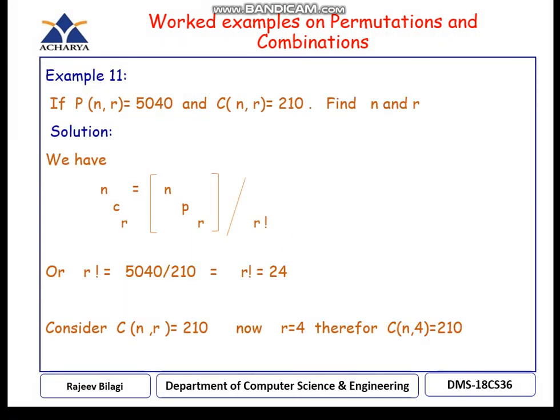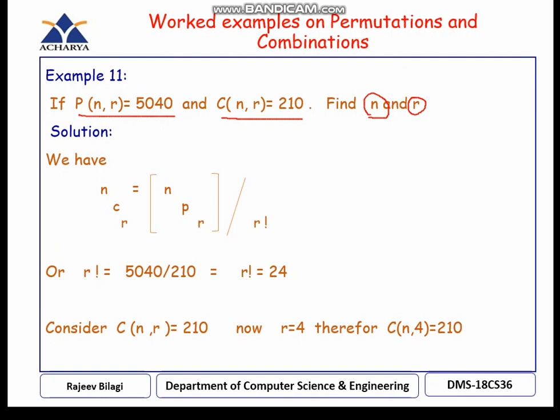Okay, one last problem where you need to find the value of n and r. If nPr is equal to 5040 and nCr is equal to 210, then find the value of n and r in the given problem.